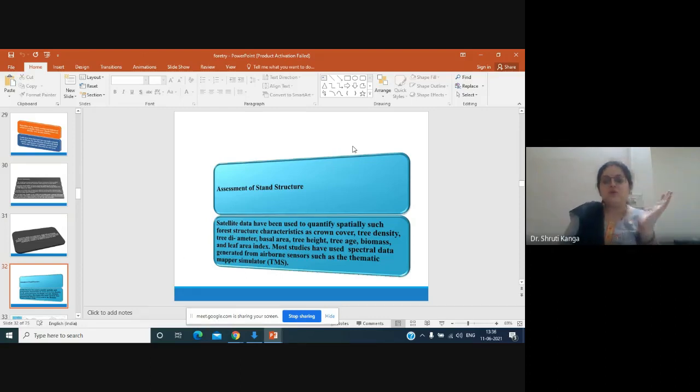So for assessment of stand structure or biomass structure, satellites are used to quantify characteristics like characterization of forest ground cover. Okay, then the tree density, what is the tree density in a particular area, the height of the trees, the basal area of the tree calculation. Okay, and the tree height and tree age, tree biomass, tree leaf area index.